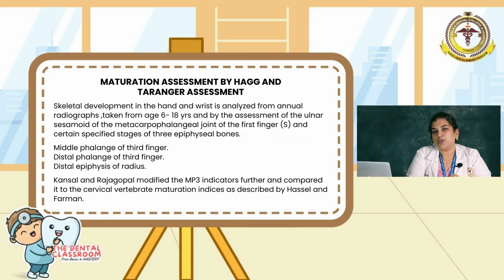The next skeletal maturity indicator is again a hand wrist radiograph evaluation, which was given by Hagg and Taranger. It's a lot more simplified than the other methods that we saw. In this, we're taking into consideration only 1 finger and the radius. First, you look at the middle phalanx of the third finger, and then you look at the distal phalanx of the third finger and the distal epiphysis of the radius.